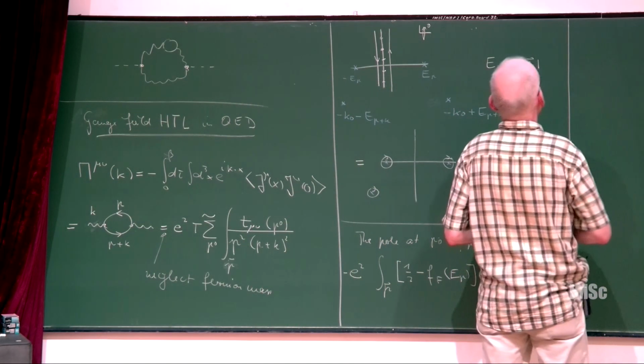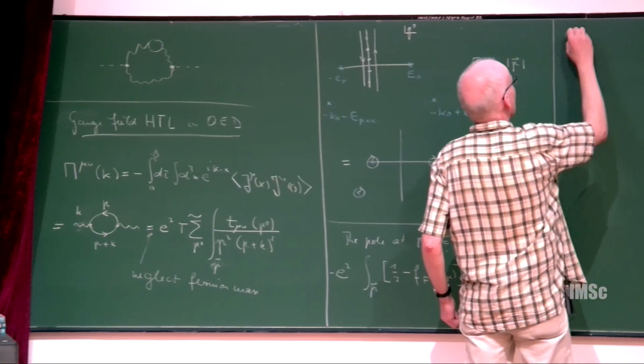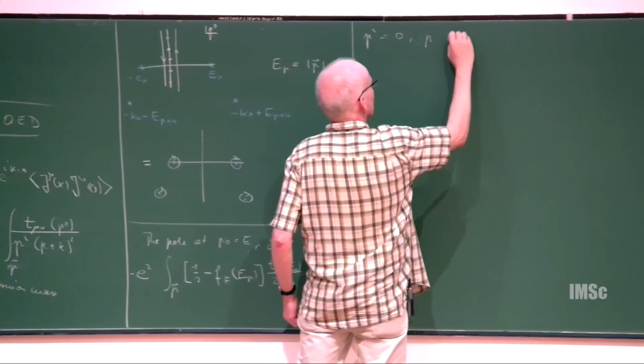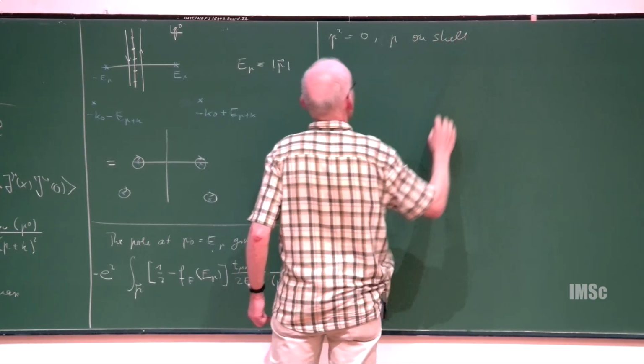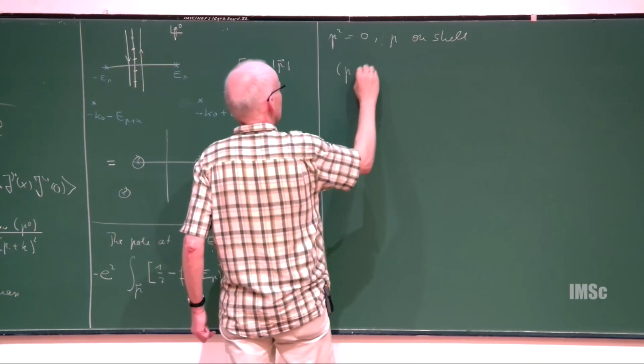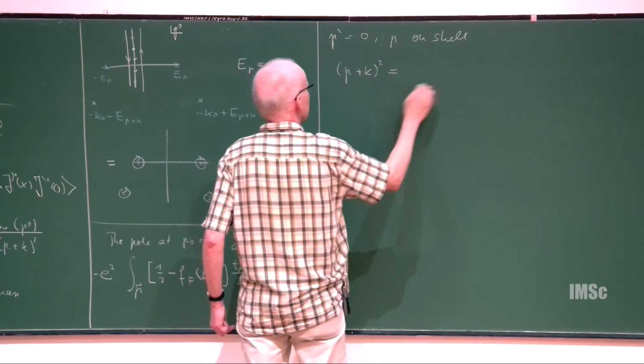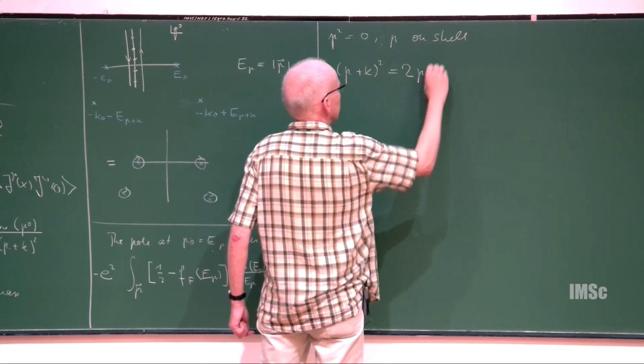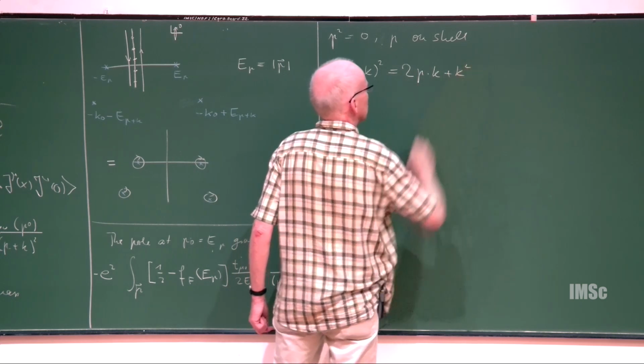So (p plus k) squared equals, since p squared is 0, 2 p dot k plus k squared.